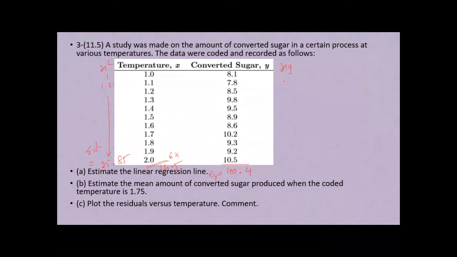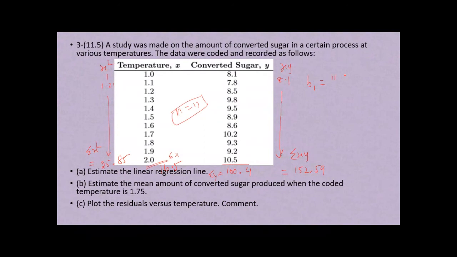Now multiply x and y here. This column x and y, multiply 1 times 8.1 and then multiply all the data by using calculator. Summation of xy, sum all the elements. You will find 152.59. Okay. Now using these values in B1, N is 11.